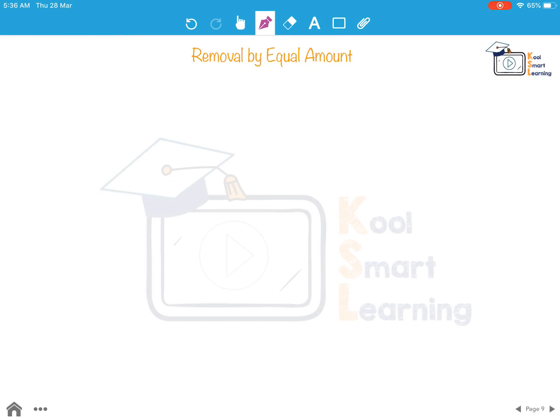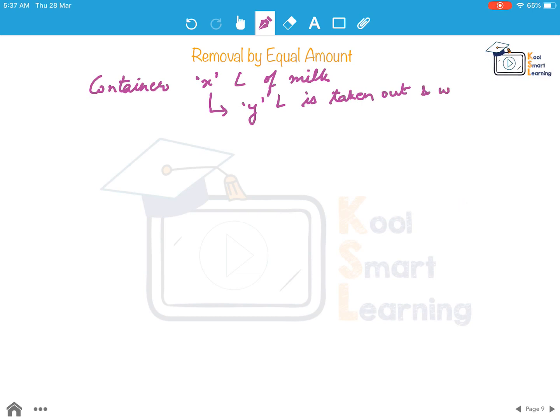Now let's look at another usage of this concept, removal by equal amount. What do we mean by that? Let us understand. Now we have a container which contains X liter of milk. Now from this, Y liter is taken out and the same amount of water is added.